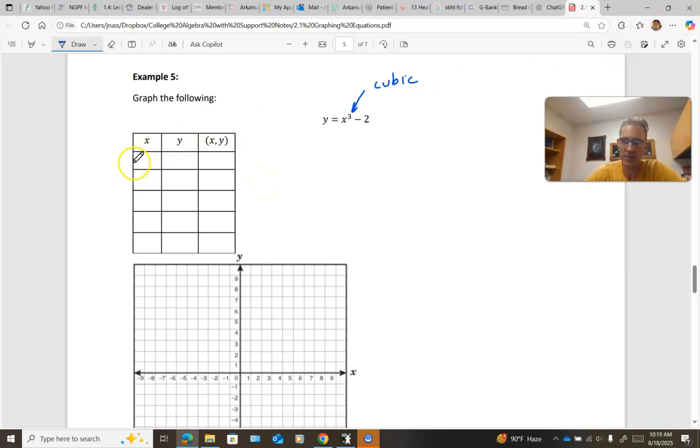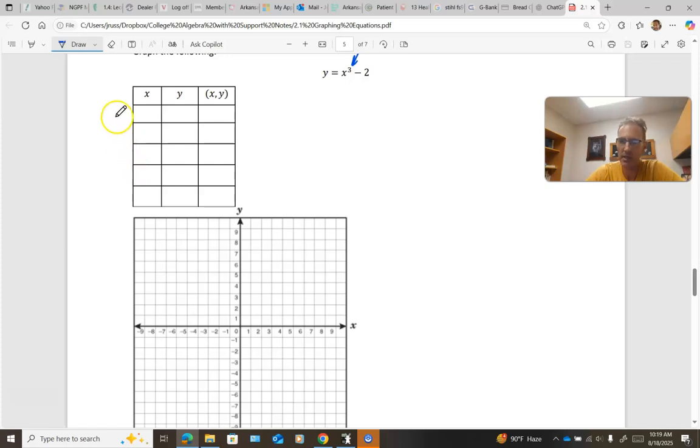All right, so for this one, I'll just choose those same 5 values of x, just to be consistent. -2, -1, 0, 1, and 2. How's that? And I'll work a couple out again, as always, by hand. I'm going to plug in -2, but now I'm going to be cubing it.